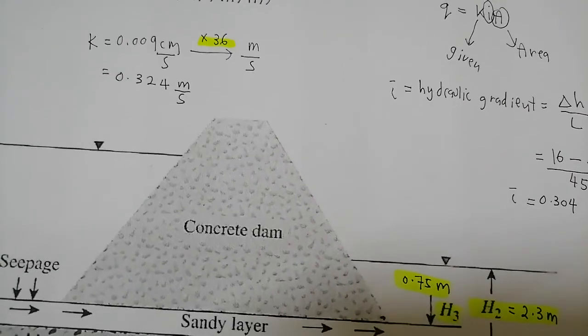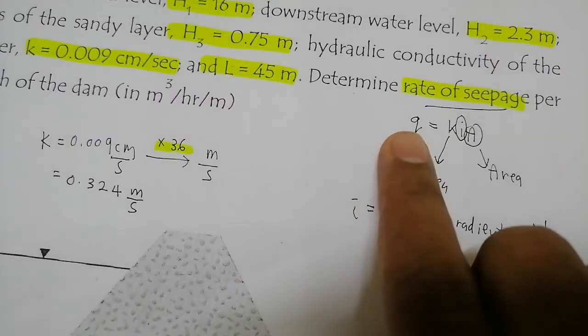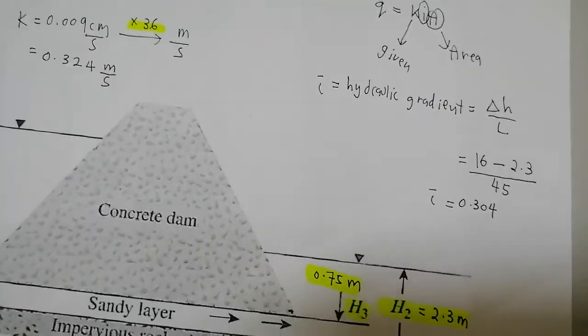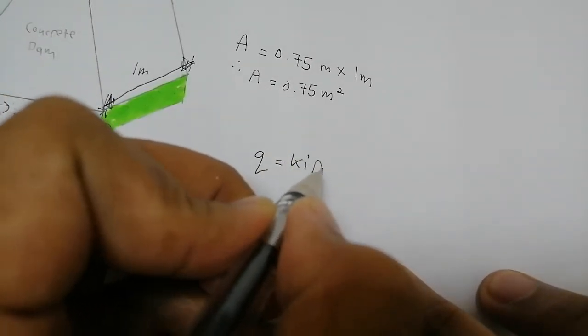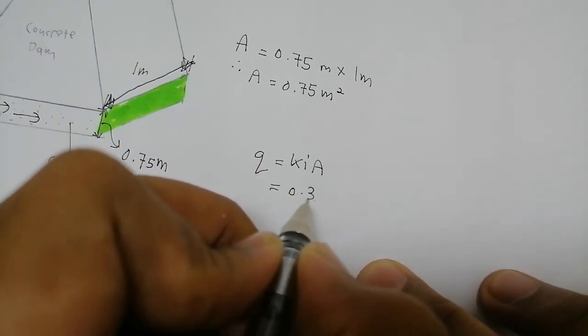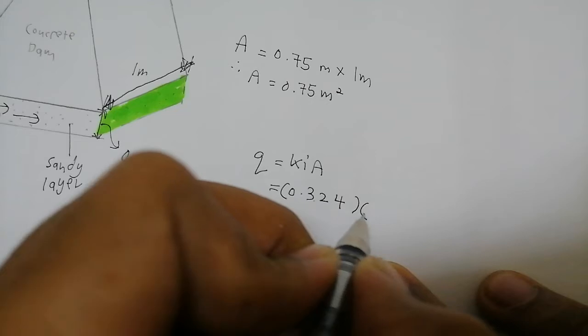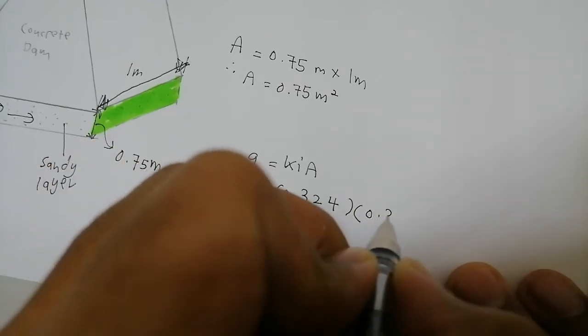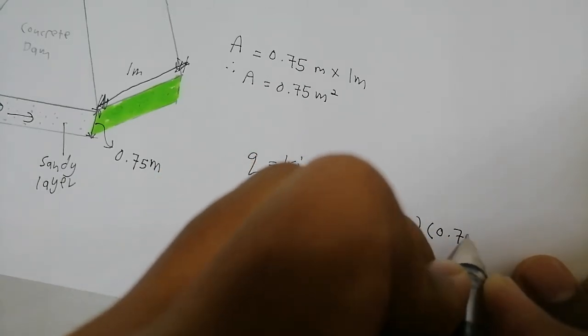So now it is very straightforward. We have to calculate Q. Therefore, Q equals KIA, and we know that K equals 0.324, I is 0.304, and our A is 0.75.